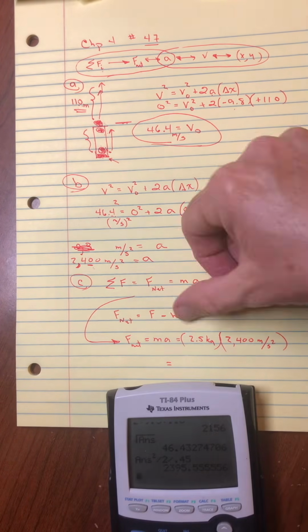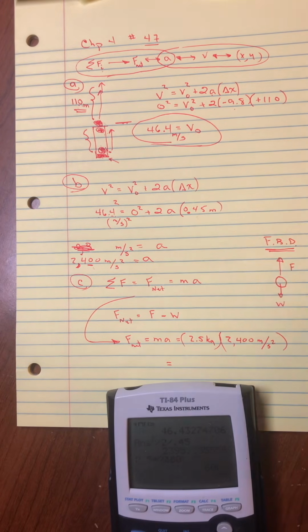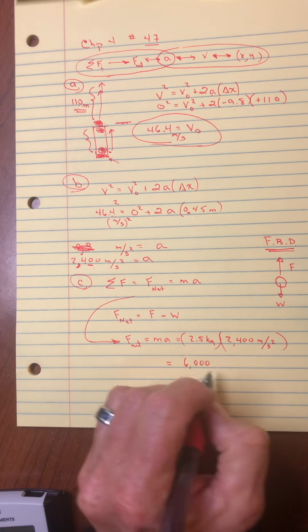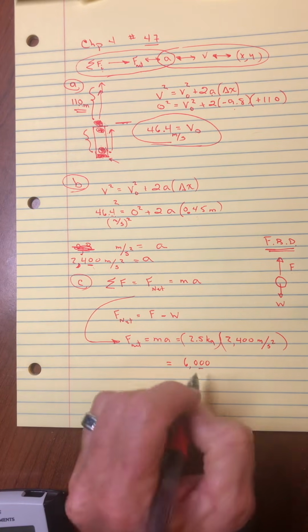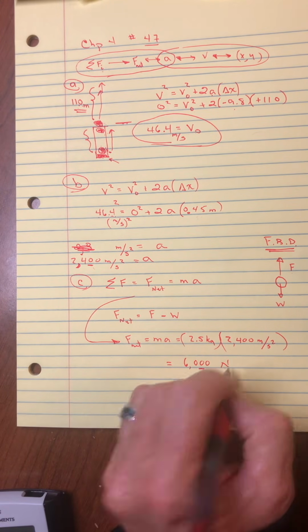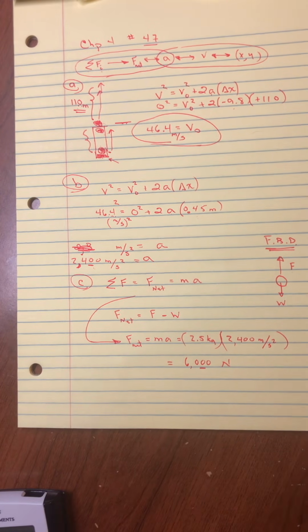And so the net force is 2.5 times 2,400, and we're looking at 6,000, and maybe I'll put, for three significant figures here, newtons of net force on it.